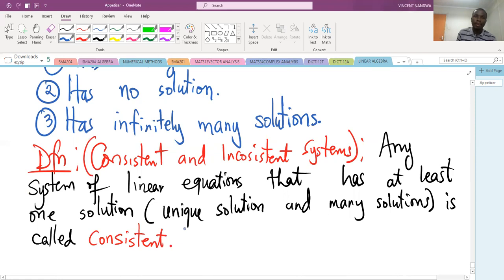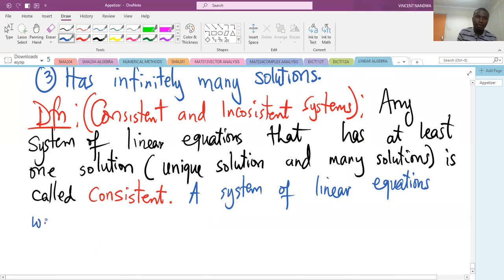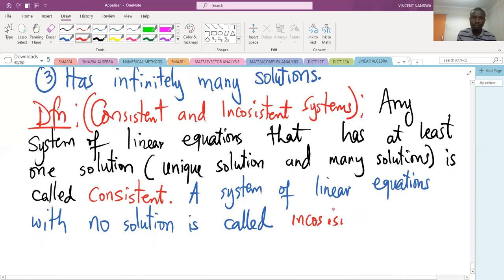And then a system of linear equations with no solution is called an inconsistent system.